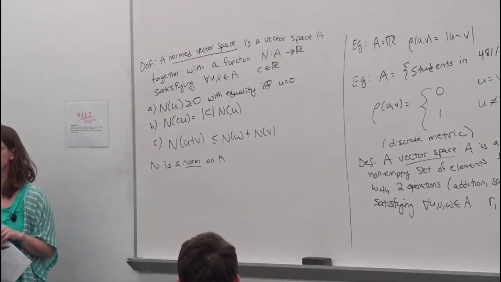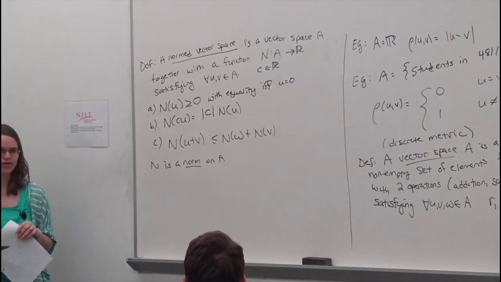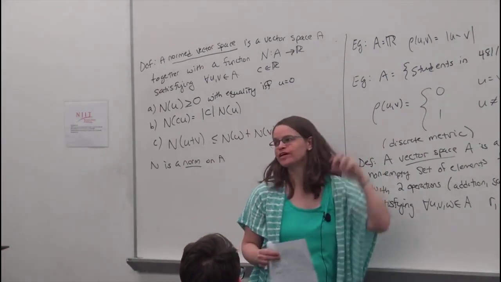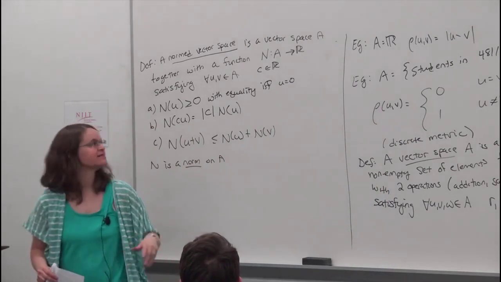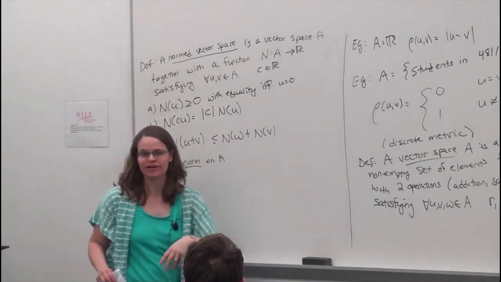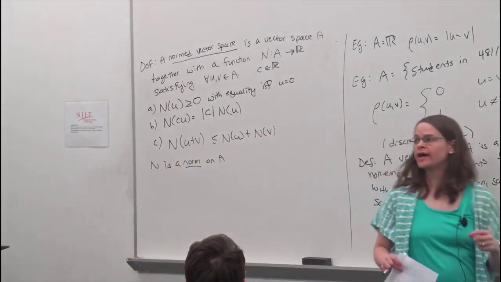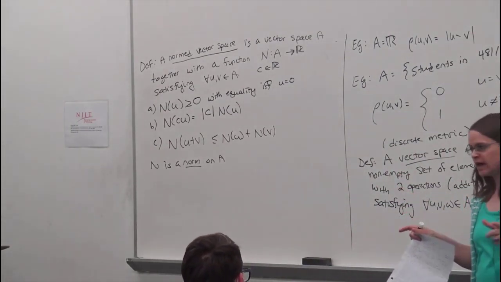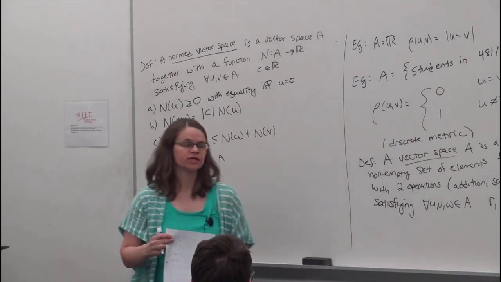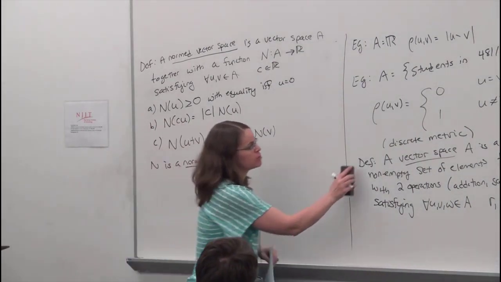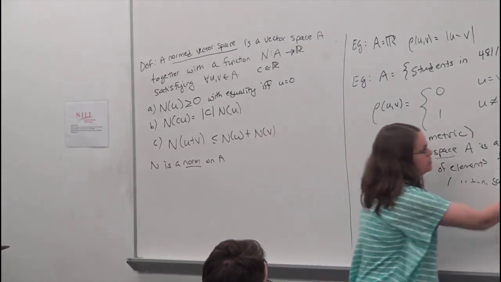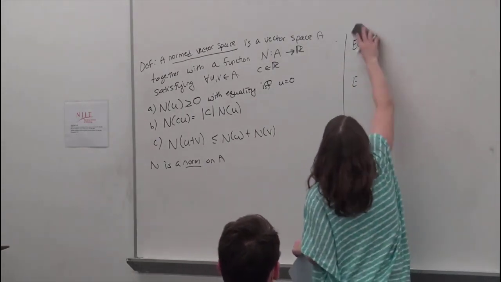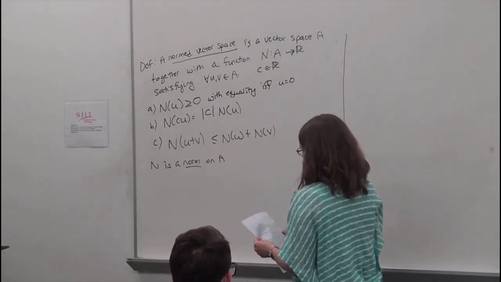That would be a simple way to do this. You can always do this, but that maybe doesn't see any of the structure that we have here. We could look at the difference between two objects and use the norm of that as our distance between them. That is a very natural thing to do, and we can call that the metric induced by the norm.